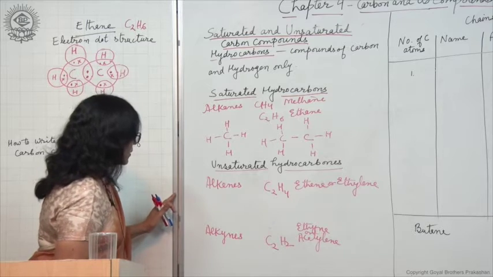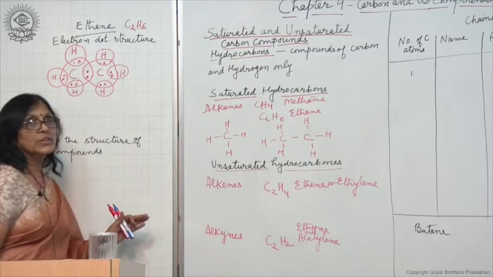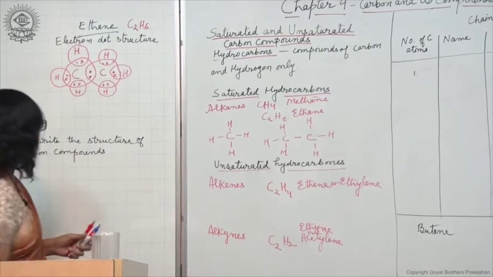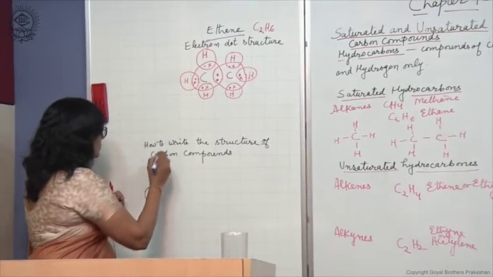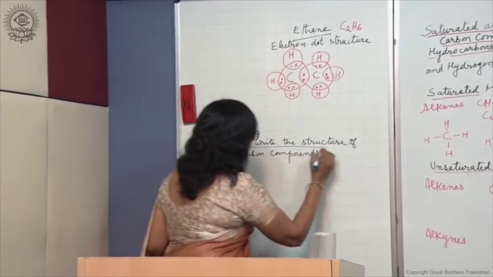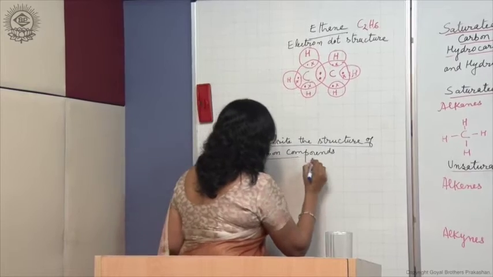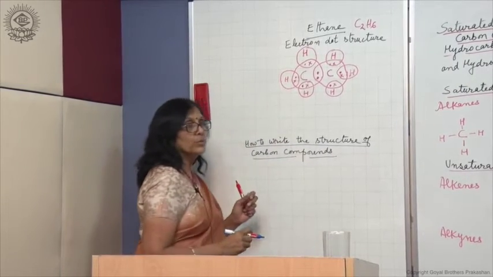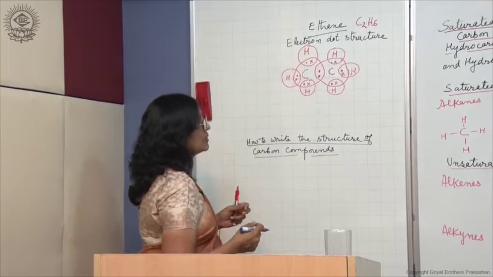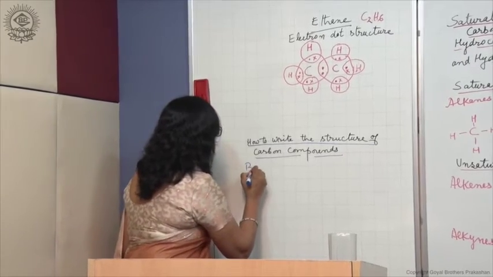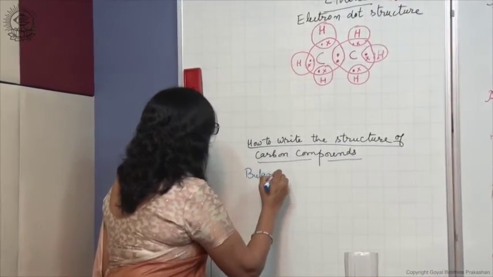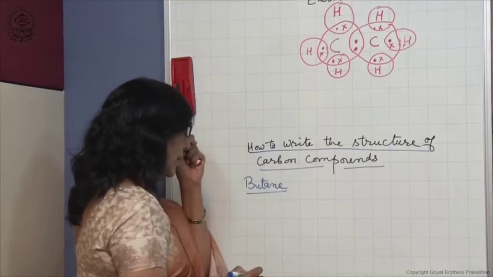Now, we will discuss how to write the structure of hydrocarbons. If you want to write the structure of, say, butane: butane has 4 carbon atoms.